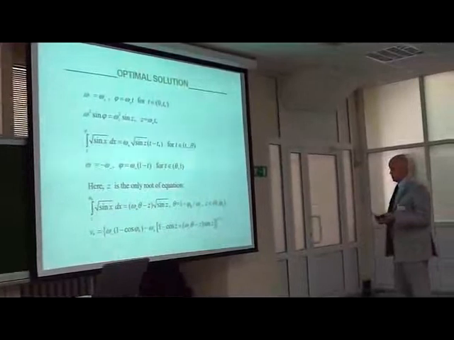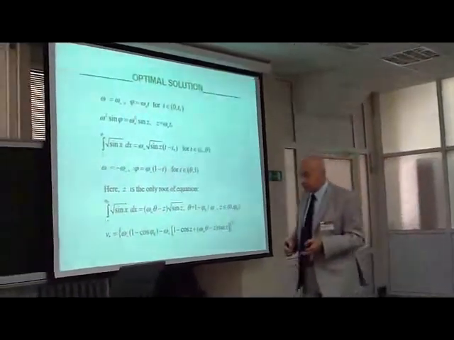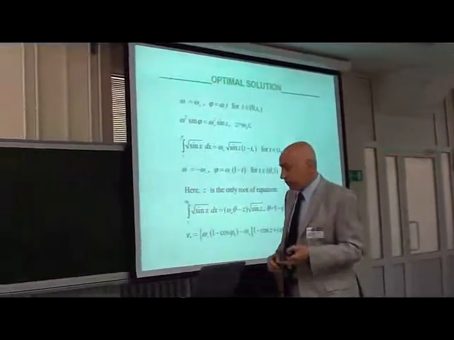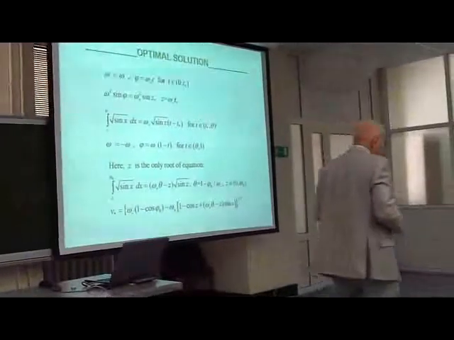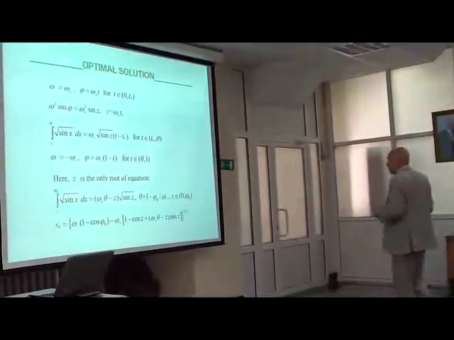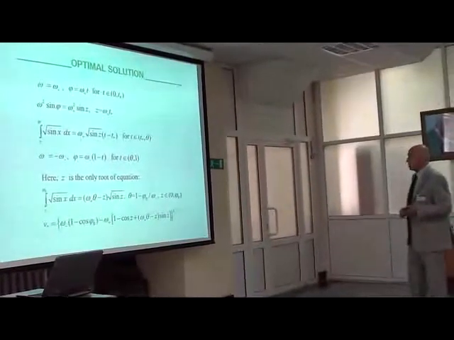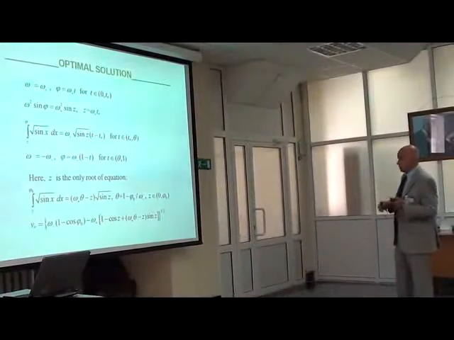And this optimal control problem is solved analytically, in an explicit way, using Pontryagin's maximum principle. I will only show the final results here. There are some publications that correspond to this paper, and we can find all the calculations there.